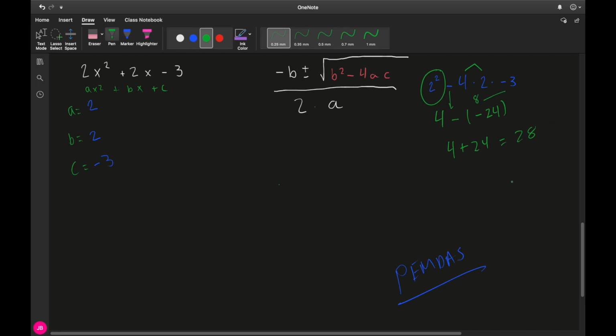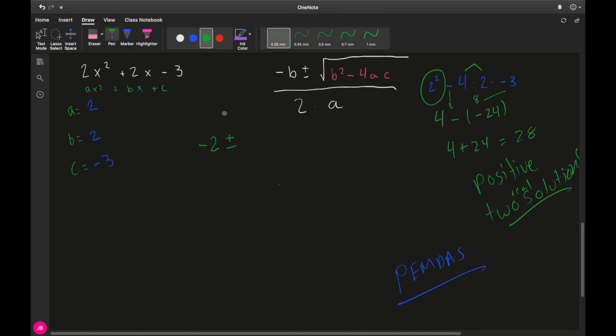Because this is a positive number, I will have 2 real solutions. So the next thing I'm going to do is plug in the rest of the numbers to see what my actual answer is going to be. I'm going to have negative b, so negative 2, plus or minus.